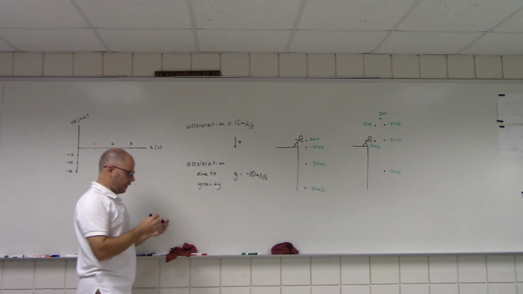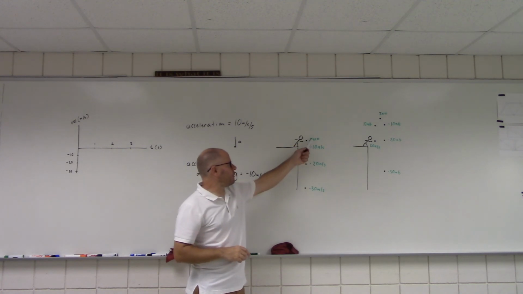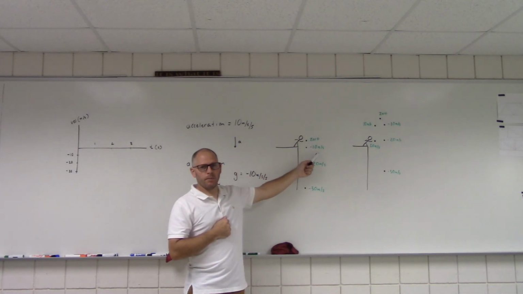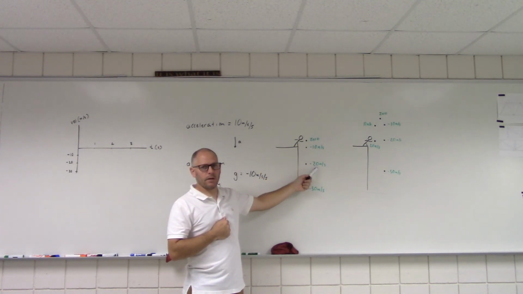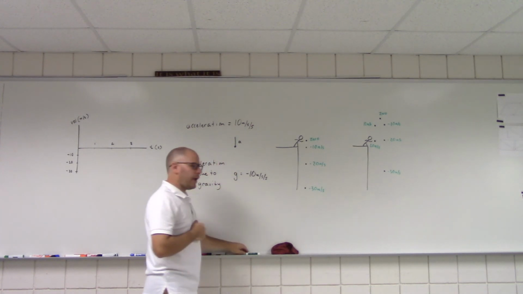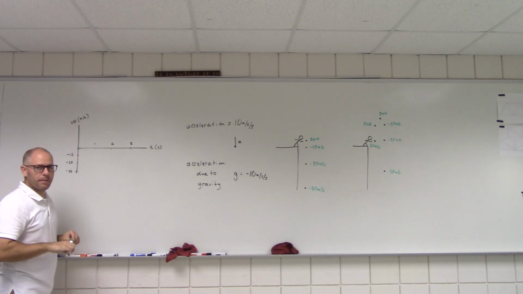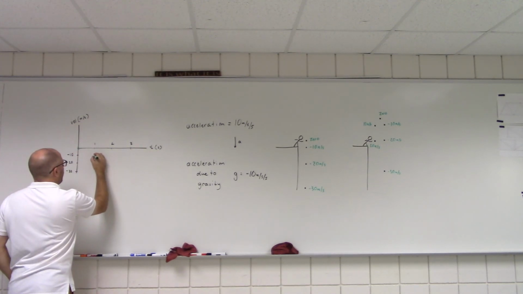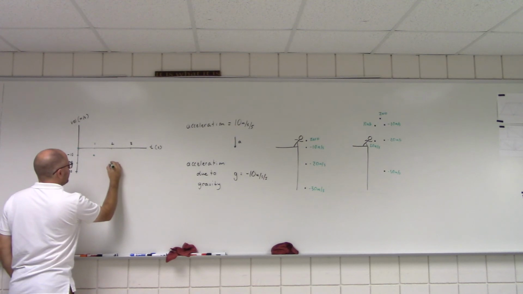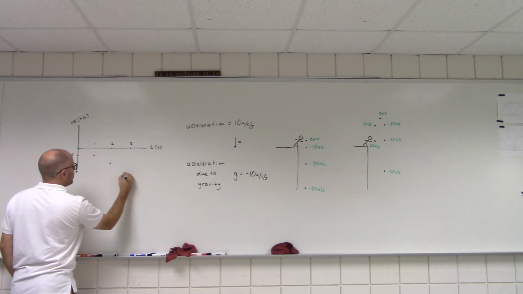So what we'll notice here is that at time 0, the velocity is 0. At 1 second, the velocity is negative 10, negative 20, negative 30. If I graph that over here, at 0 time, the velocity is 0. At 1 second, the velocity is negative 10, 2 seconds, negative 20, 3 seconds, negative 30.